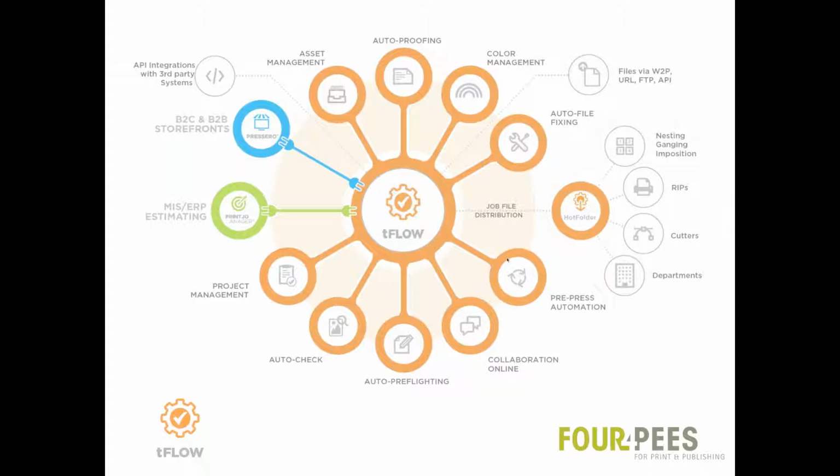It will manage the assets, for instance, the images and other elements of a job. It will allow you to automatically generate the proof, do the color management, do some fixing on it, and send that off to production. All of that is handled automatically, and within tFLOW, you can use tFLOW as a system where your operators will input some of the data, such as job information, order information, and things like that.